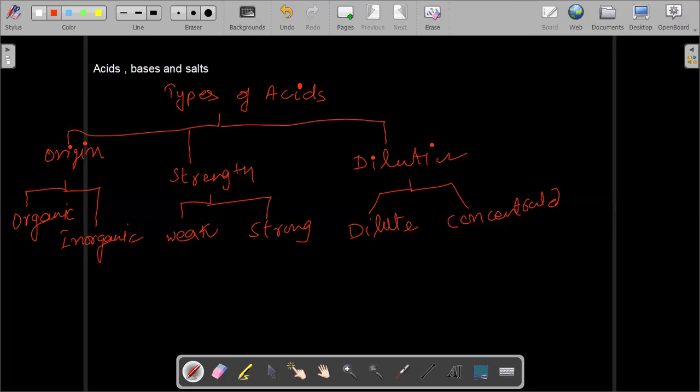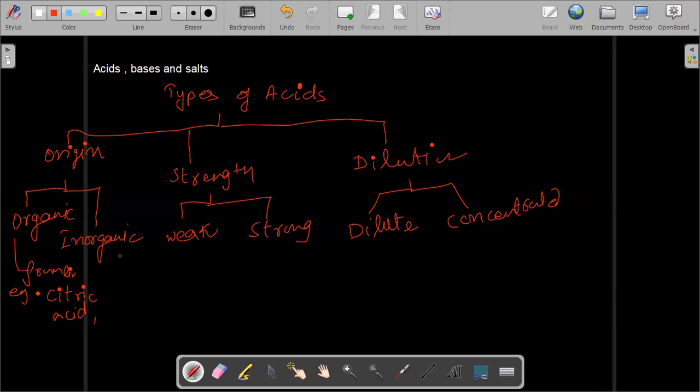So any examples of organic acids? Sir, citric acid, tartaric acid, methanoic acid. Citric acid, tartaric acid, methanoic acid, these are examples of organic acids. And what are inorganic acids?